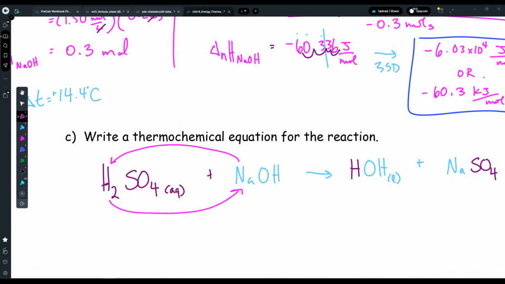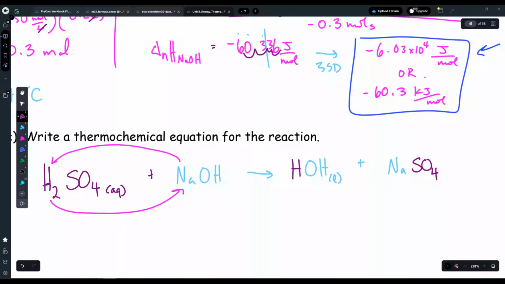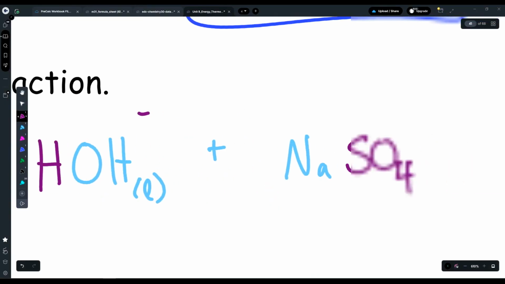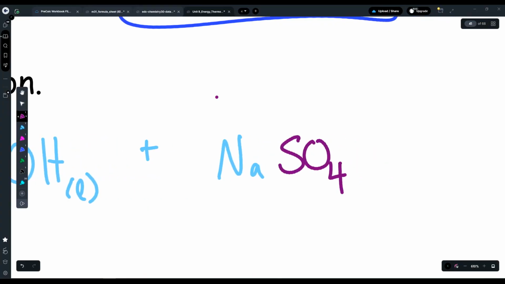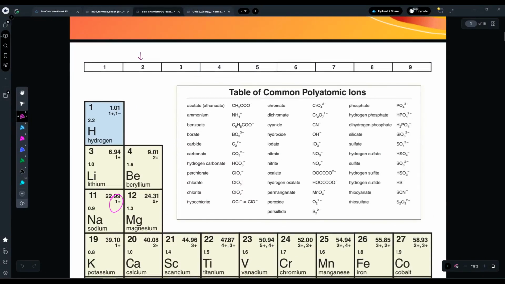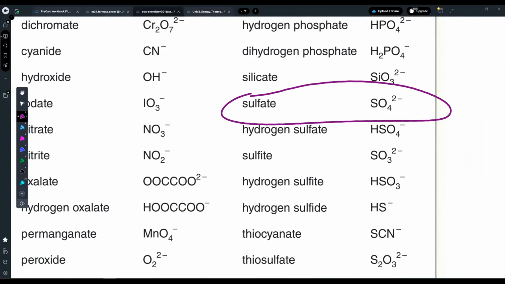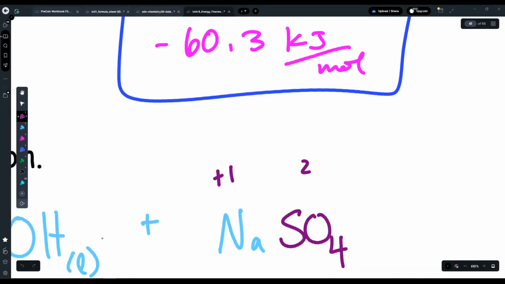The whole point of the subscripts is only to balance out the compound. So if I look at water, hydrogen I know likes to have a +1 charge, hydroxide likes to have a -1 charge. This is balanced. Okay, now sodium, I know that likes to have a +1 charge, and if I look at my list of polyatomic ions, sulfate likes to have a -2 charge.